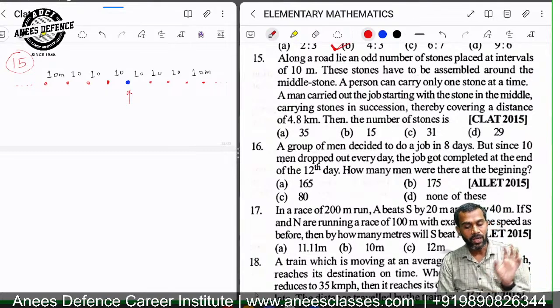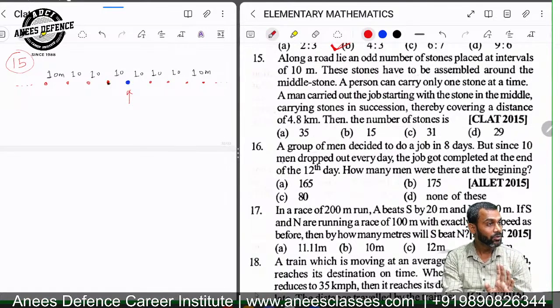What he has to do? He has to take every stone and assemble it with the middle stone. I mean, he has to go to take, suppose this stone, so he has to cover 10 meters and then he has to come back because he has to carry only one stone at a time. So he cannot go on to collect another stone.